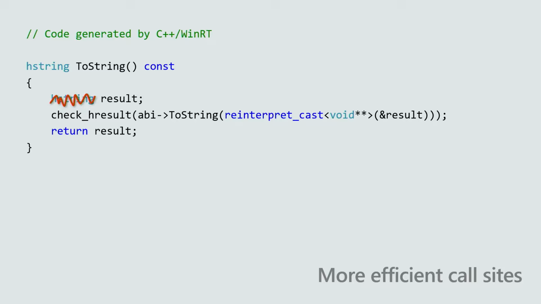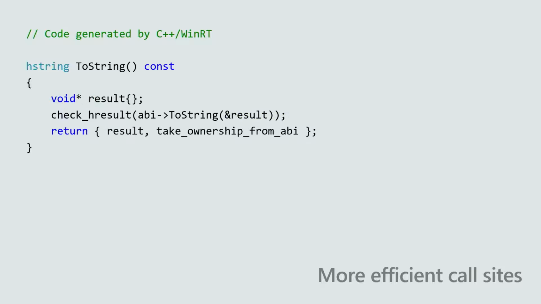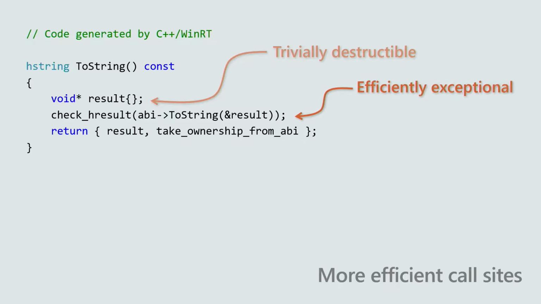It's a local type that is non-trivially destructible. If we take that away and replace that with a void star, we suddenly have a trivially destructible local. The impact of that is huge. What it means is that this second line, which is essentially the same, is now efficiently exceptional.